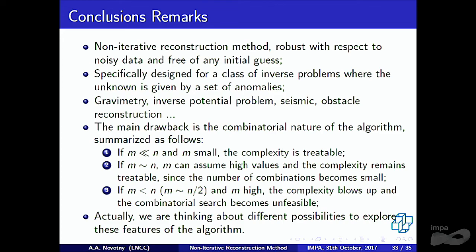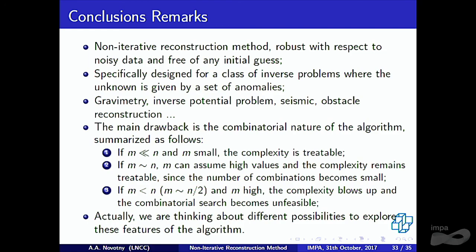If m is of the same order as n, the complexity is not treatable for high values of m.